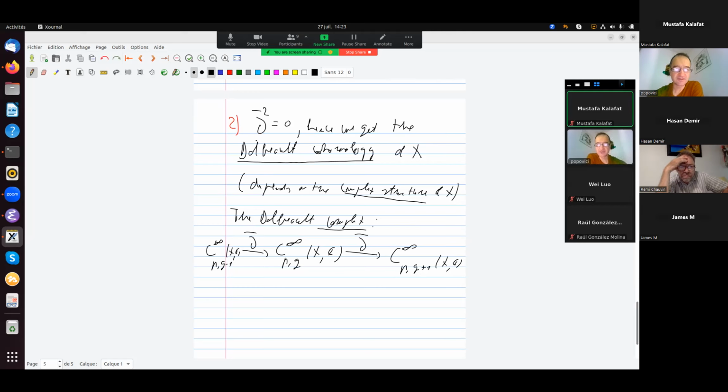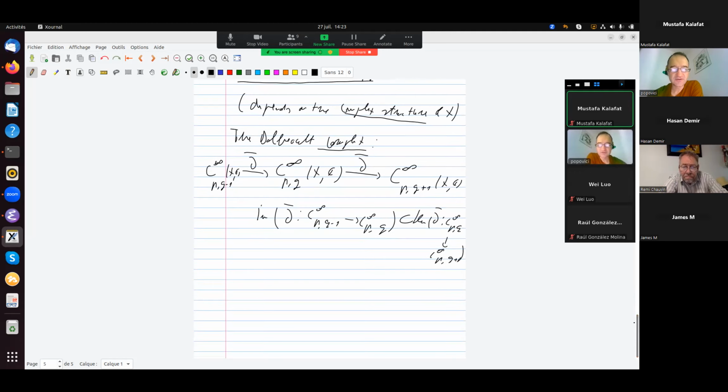And because d bar squared equals 0, so this is the main thing, the image of the incoming d bar, the one coming from (p,q-1) and getting into (p,q), is contained in the kernel of the next one, the d bar acting on (p,q) forms with values in (p,q+1) forms.